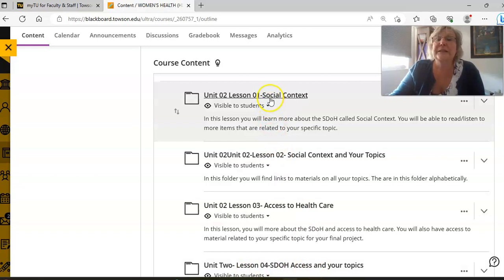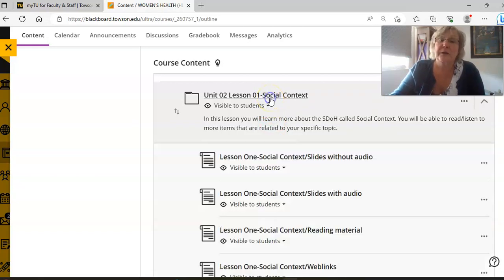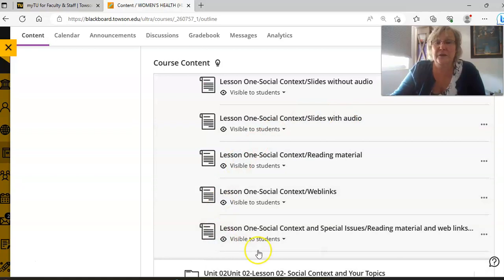So we're going to look at them just so you can see what's in them and you know how to go about doing this work. In Unit 2, Lesson 1 on social context, there's a lot of general information. You're expected to review all of it. There's slides, there's reading materials, there might be some videos, but none of them are very long. Like you had a lot of reading in Unit 1, this reading is different because most of it's from web page sites.